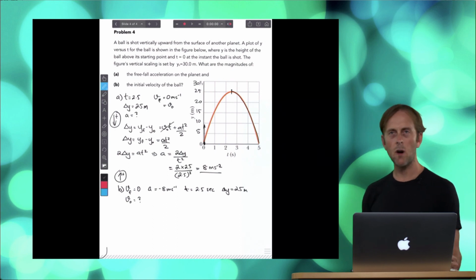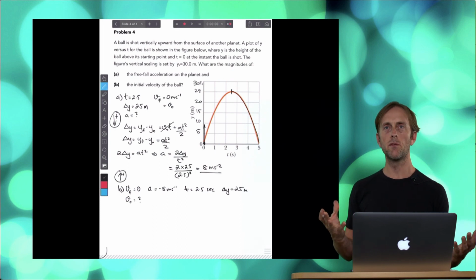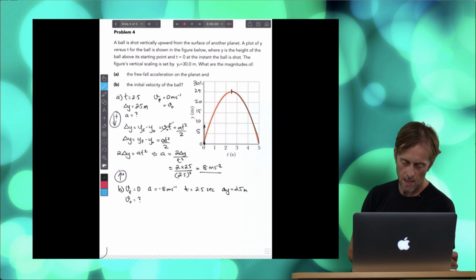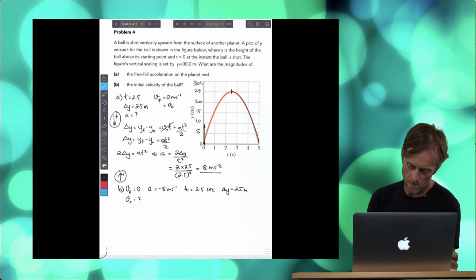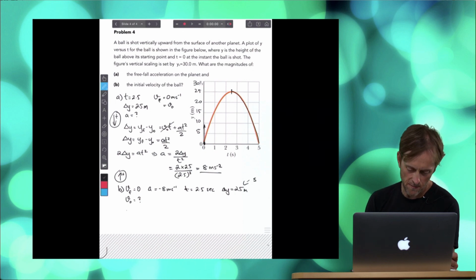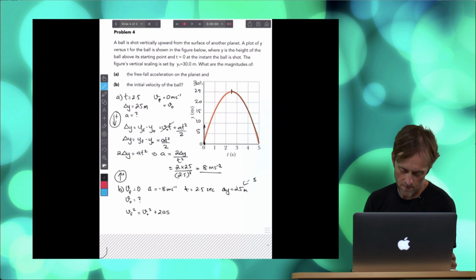We could solve this with any number of our equations of motion now, but we can just choose one that's pretty obvious here, because we have s. We can use the equation that says Vf squared equals V0 squared plus 2as, delta y if you like.